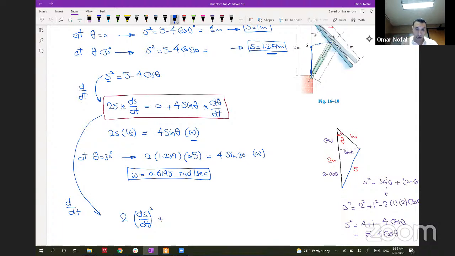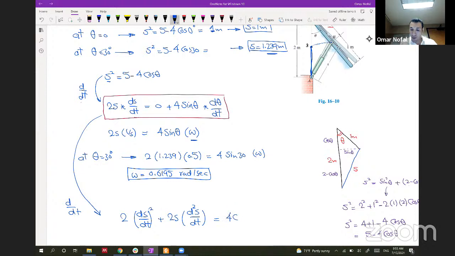So we will have the first term 2s multiplied by the second derivative of s. So it's the derivative of the first multiplied by the second plus the derivative of the second multiplied by the first.